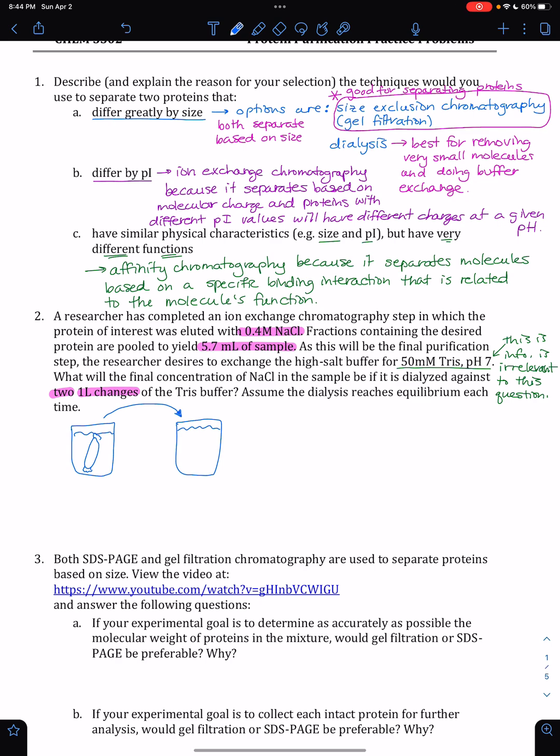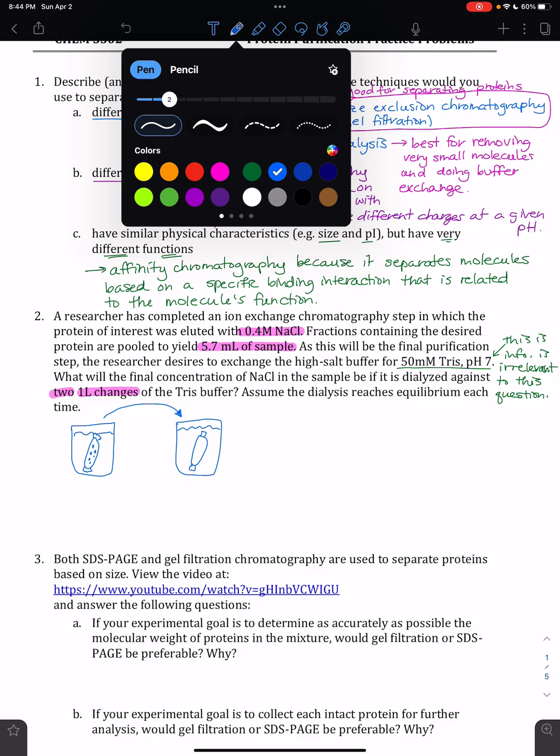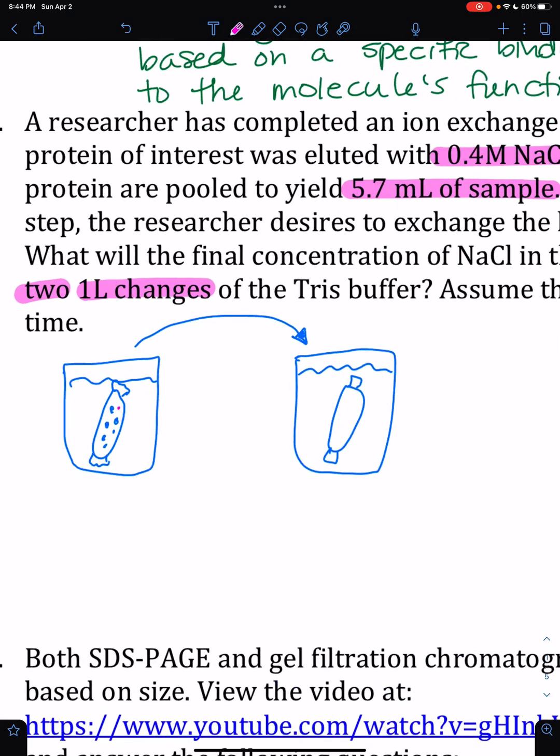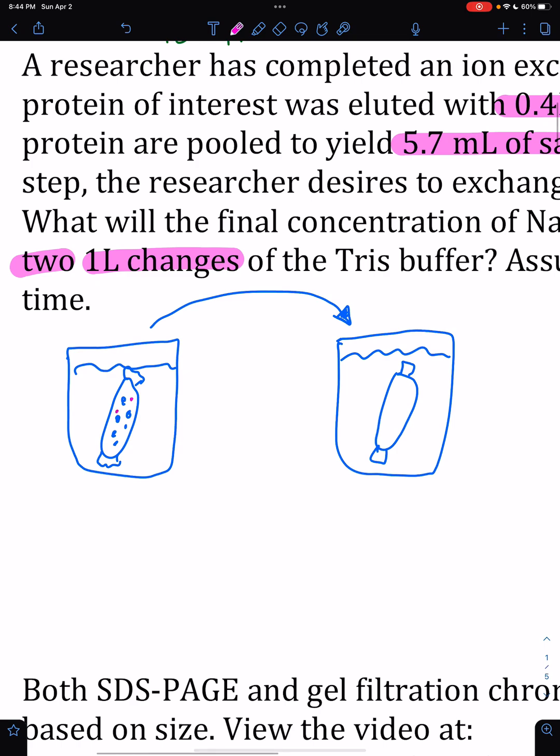Okay, so what's going to happen, all right, is the dialysis bag here, okay, it's going to have molecules in it that we want, but it's also got, I'm going to zoom in so you can see the little pink dots, it's also got salt molecules that we want to get rid of.